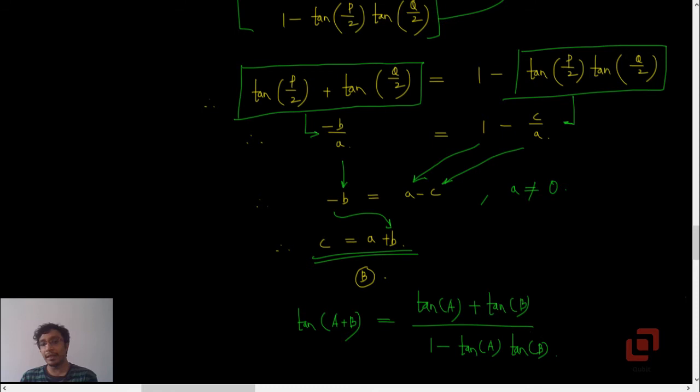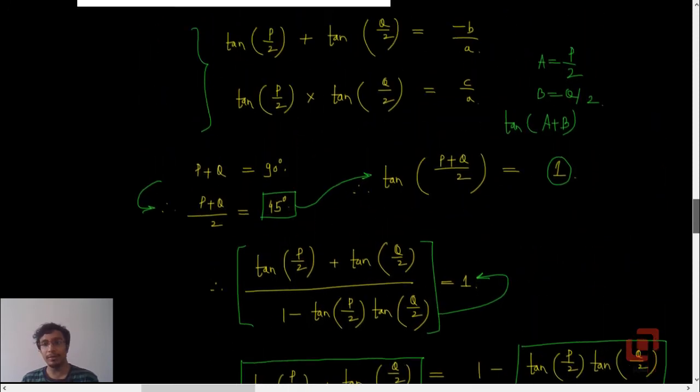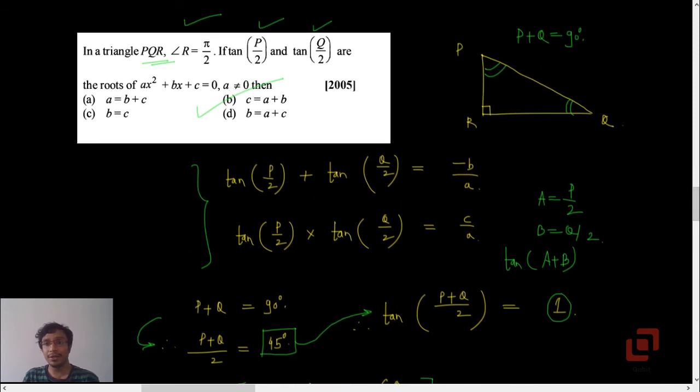So now you can learn that if any such trigonometric function or functions come as roots of any quadratic equation, or even the coefficients of any quadratic equation, you should recall that formula from trigonometry and apply it appropriately. Here we had a by 2 and b by 2, oh sorry, p by 2 and q by 2. P and q were complementary angles, so p by 2 plus q by 2 was 45, tan 45 was 1, and hence we could solve the problem.